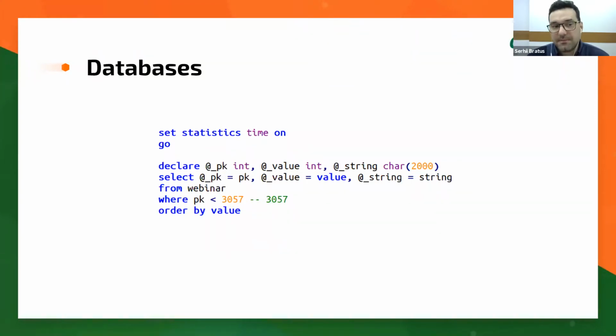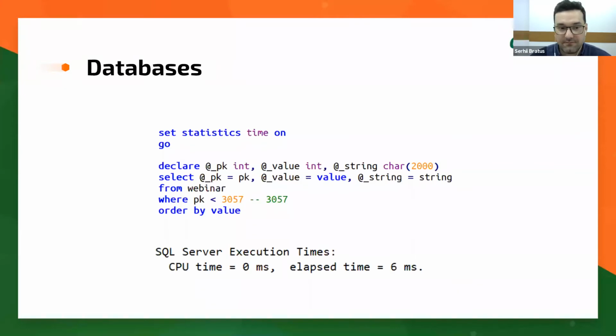The simple query says that we need to get the values from this table where the primary key is lower than 3057, and then order it by value. If you run it a few times, it will show you 6-7 milliseconds, just around that.